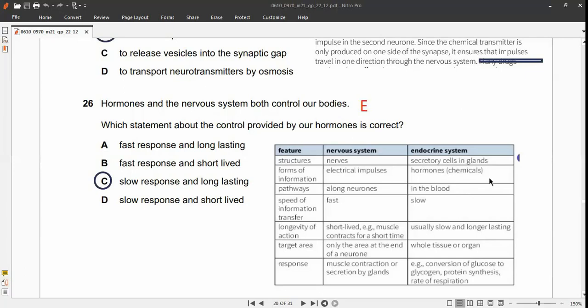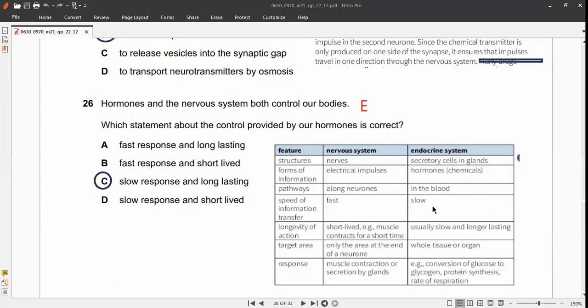Hormones from the endocrine system in the blood slow the speed of information transfer.